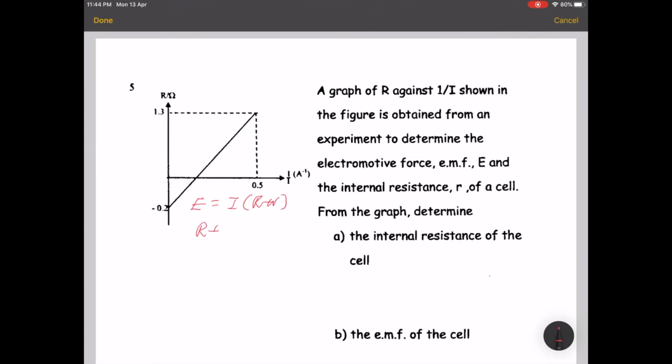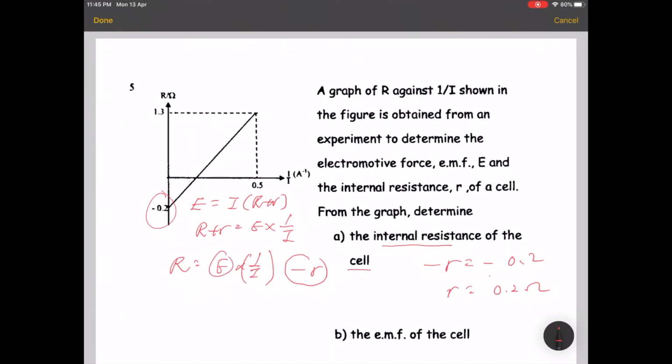So your R plus the r will give you E times 1 over I. So your R will be E times 1 over I minus the r. So to find the internal resistance, you just need this, which is the intercept. So your minus r is a minus 0.2. So your r is 0.2.